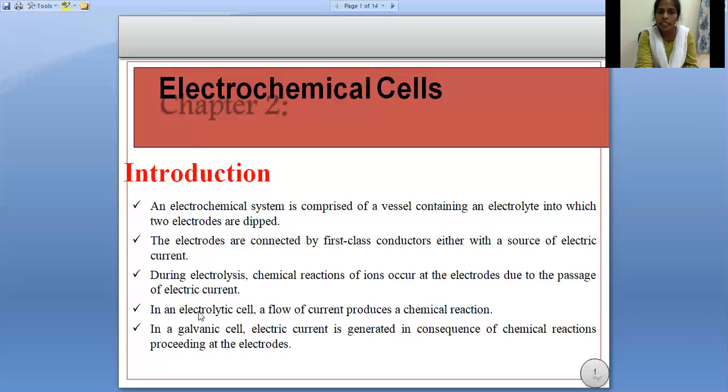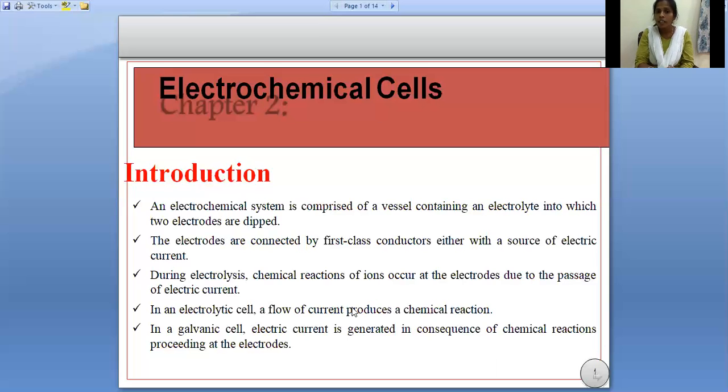In an electrolytic cell, a flow of current produces a chemical reaction. What is the electrolytic cell? A flow of current produces chemical reactions. That means due to the flow of current, chemical reactions take place in the electrolytic cell.